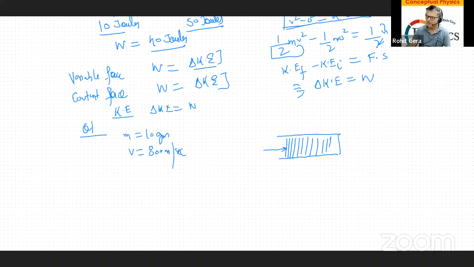Or maybe it stops, or the velocity reduces finally when it is going through this. Assume that the average deceleration is constant. It is given as 100 meter per second, and this is 1 meter.